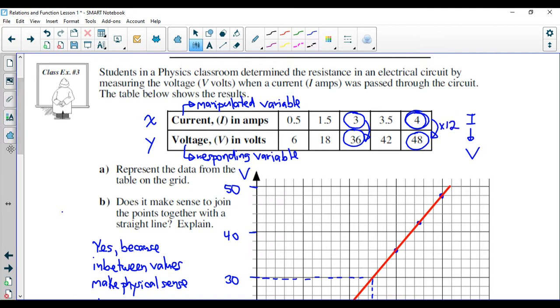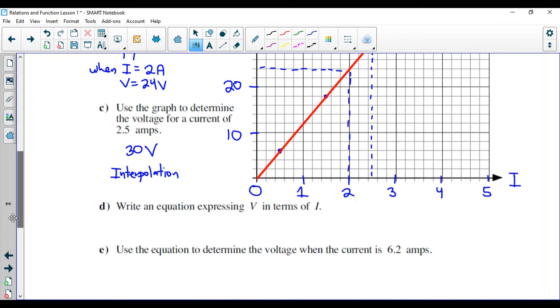Okay. So we can say multiply the current by 12 to get the voltage.